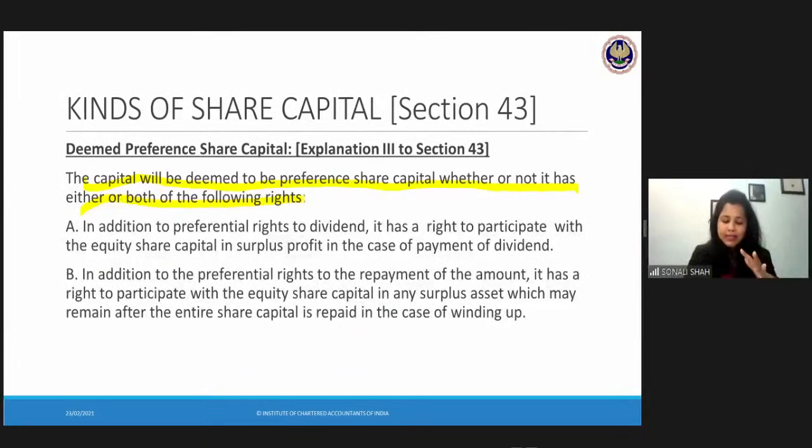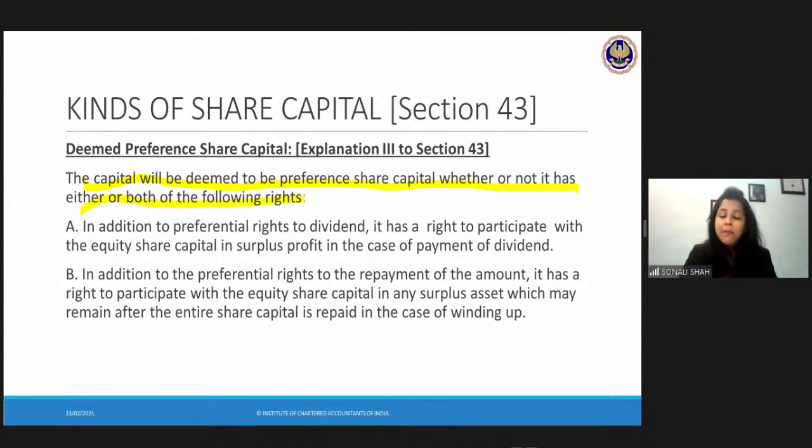So what happens here? We know that when there is a preference share capital, the right to first payment of dividend goes to the preference shareholder. Whatever is left behind is divided amongst the equity shareholders, right? But there is a possibility that after payment of dividends to the equity shareholders, there is a surplus left behind.